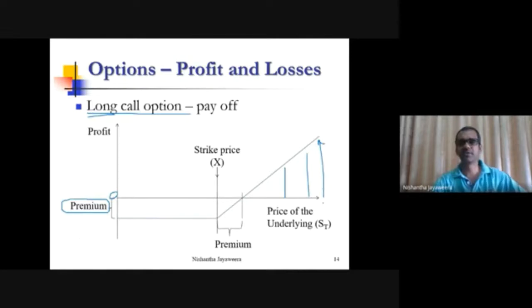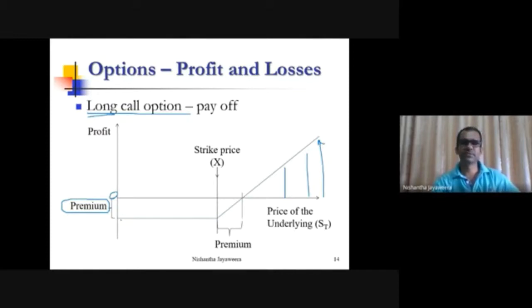At any time, what is the profit? We'll come back to that later: how to denote the profit in terms of strike price, spot price, and the premium.